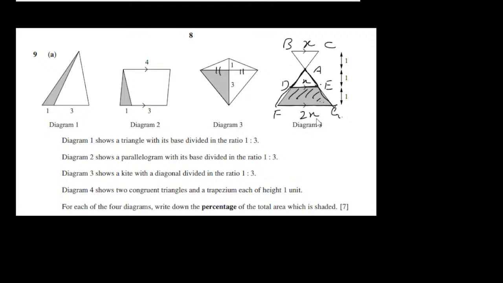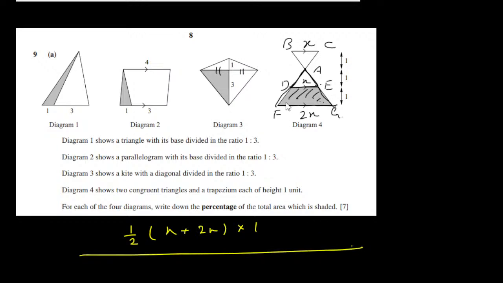Now you can work out the total area. For the area of the shaded part, the trapezium, the formula is half into the sum of parallel sides, that is x plus 2x, times the distance between them, which is 1, divided by the total area. The total area is the upper triangle, half into base x into height 1, plus the lower triangle, half into base 2x into height 2.